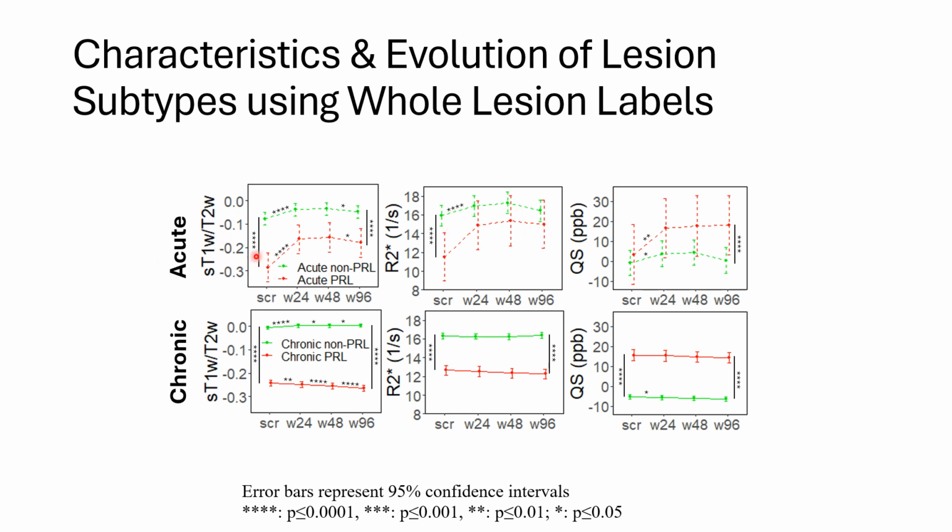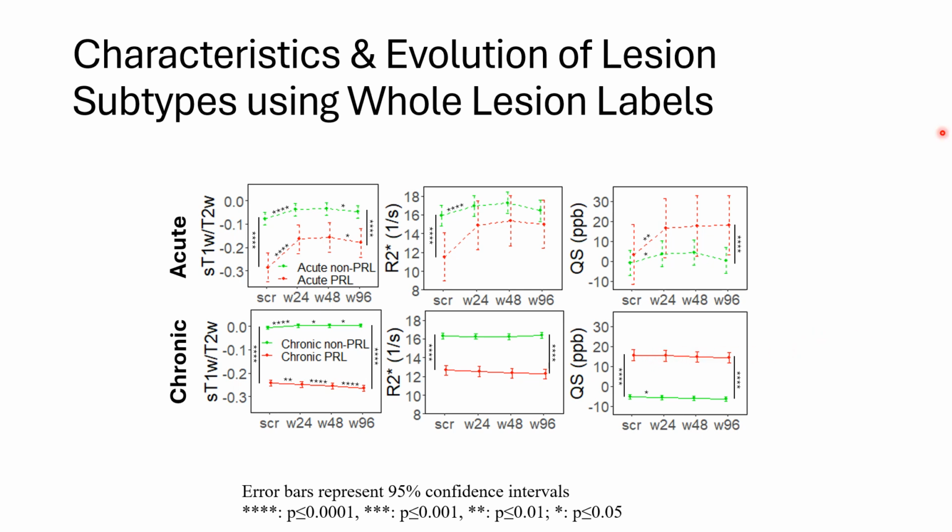This indicates that the PRL subtype is more demyelinated than the non-PRL subtype. You can also see positive QSM values in chronic PRLs compared to negative values in non-PRLs, indicating higher iron content for PRLs.